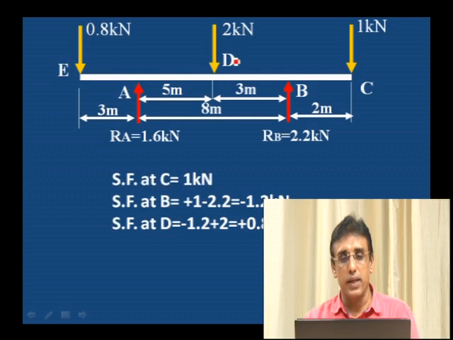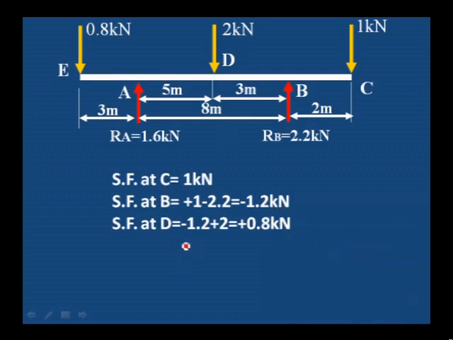Then shear force at D, minus 1.2 previous value plus 2 kilonewton is added, that is 0.8 minus 1.2 plus 2, 0.8 kilonewton.